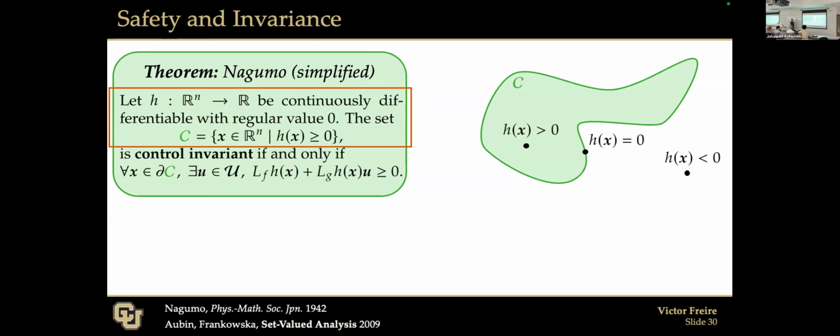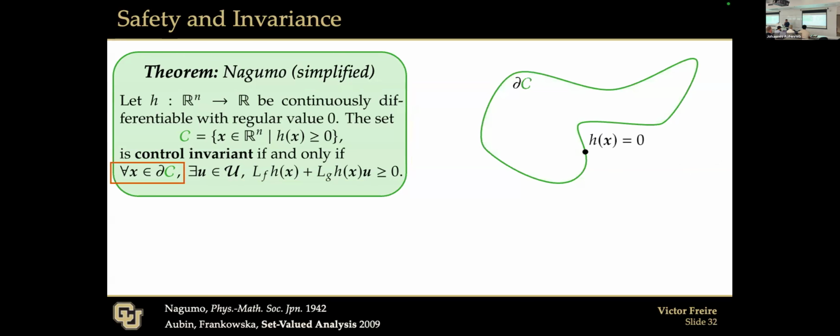Essentially, these conditions require the boundary of the set to be smooth, to not have kinks. Okay? So when that's the case, the next part of the characterization is called the subtangentiality condition.